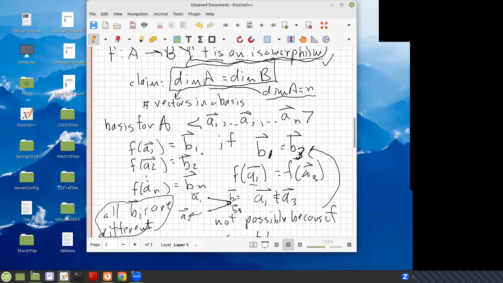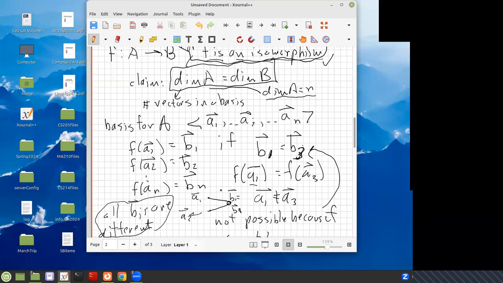So I have n different vectors here. So if I want to show that B has a basis of n vectors, all I know now is there's n different vectors, but I want to show that those are actually a basis for the codomain B. But if it's false for the 1 to 1, it's not true for the onto.